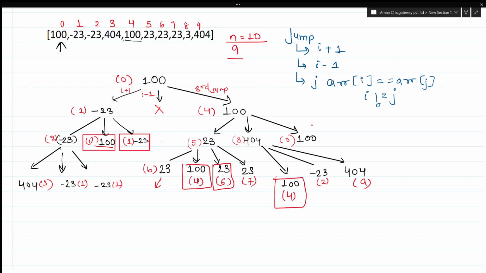So I can reduce my calls from this because I already processed this. Now minus 23 at 2 I already processed here, so I cannot go inside this. Now 404, isn't it my base case? I reached the last index, so I can return from here only.